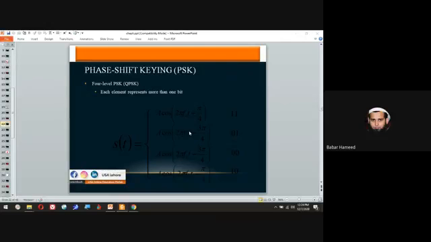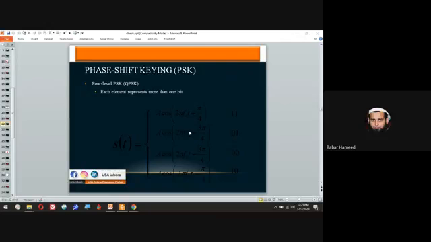For example, instead of a phase shift of 180 degrees as allowed in PSK, a common encoding technique known as quadrature phase shift keying uses phase shifts separated by multiples of 90 degrees, meaning pi by 2. So QPSK, you can see the scheme.